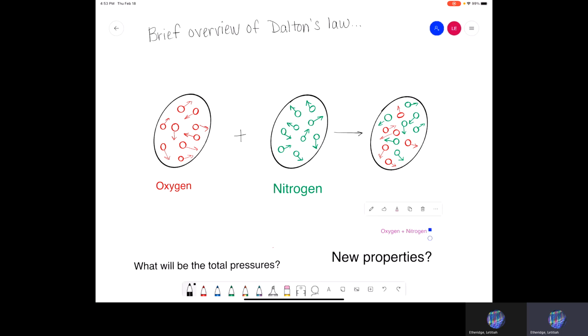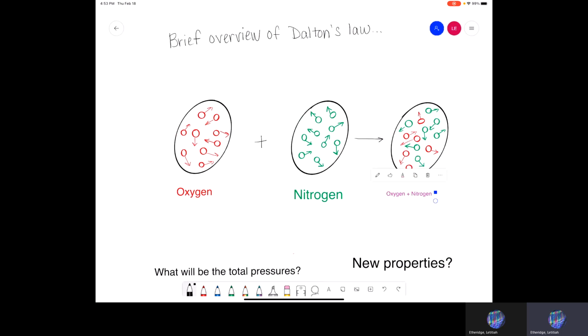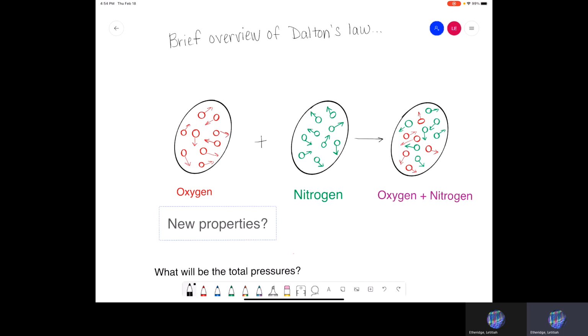What Dalton's law basically says is, okay, cool, we're not just dealing with the individual gases. Now we have a wonderful mixture of gases. In this case, I took my nitrogen and my oxygen and put them together in the same container. The few questions that need to be asked, I've already written down here at the bottom: are there going to be any new properties that develop?